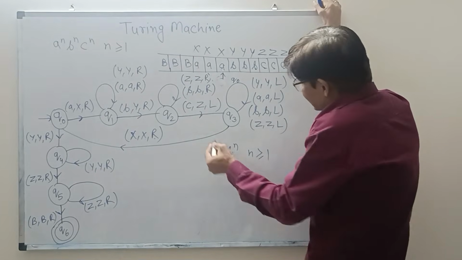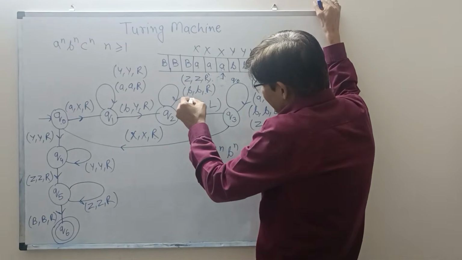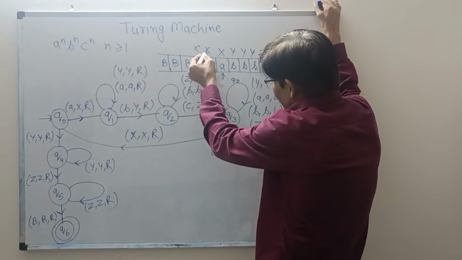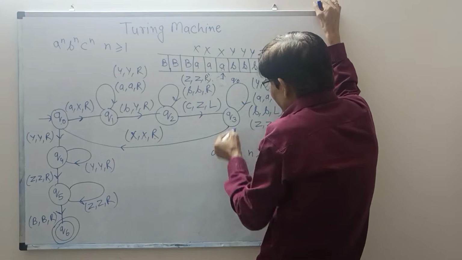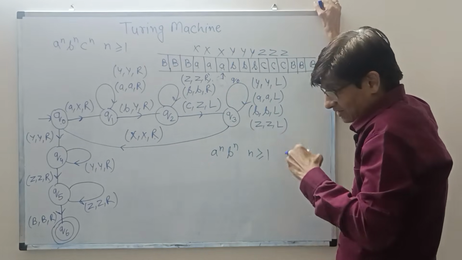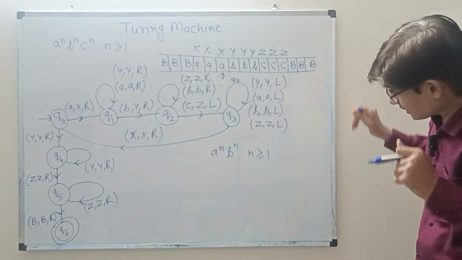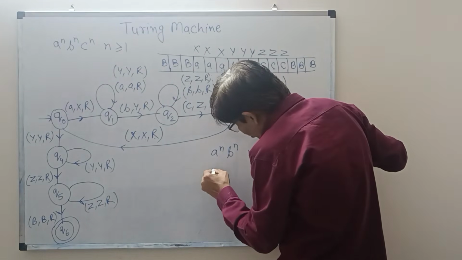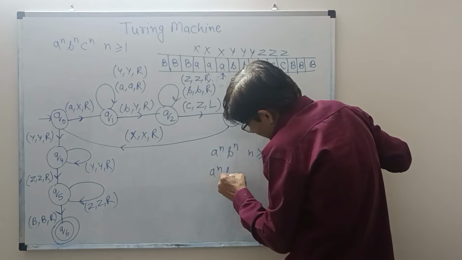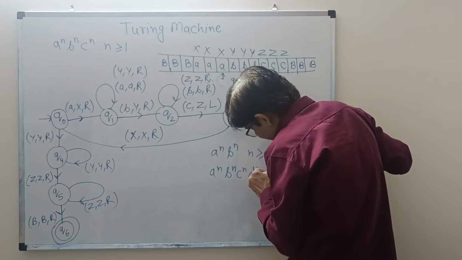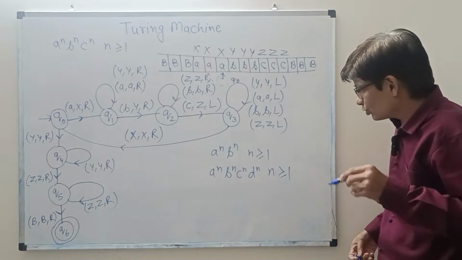So you can extend this same logic to two symbols only. You can convert a into x and b into y. And when you are converting b, you will reverse the direction of your journey. Similarly, you can have more symbols: a to the power n, b to the power n, c to the power n, d to the power n, where n is greater than or equal to 1.